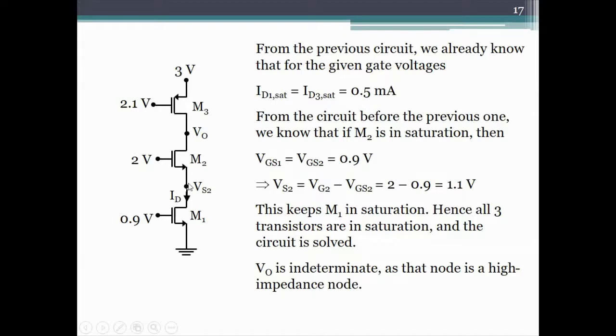And how much is VO? The drain voltage cannot be determined because there are M3 and M2, both the drains of M3 and M2 are connected here. And therefore, we can only find the range of VO. We cannot find the actual value of VO in this circuit.